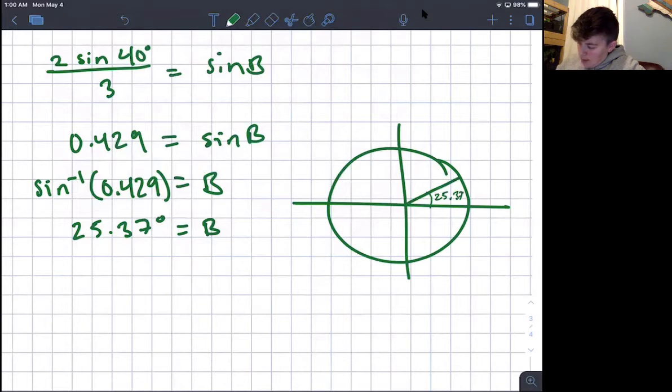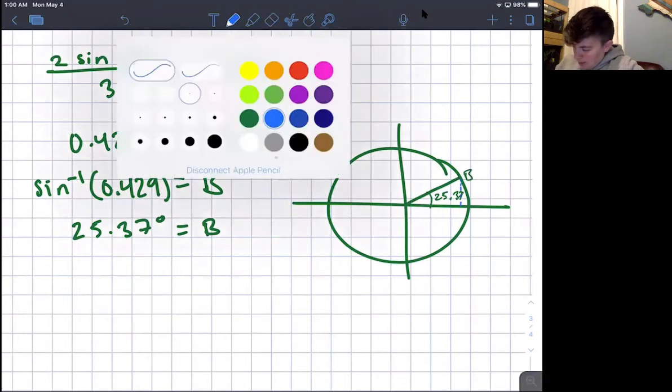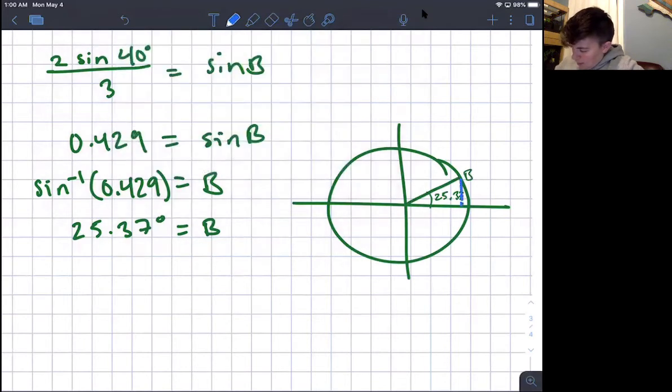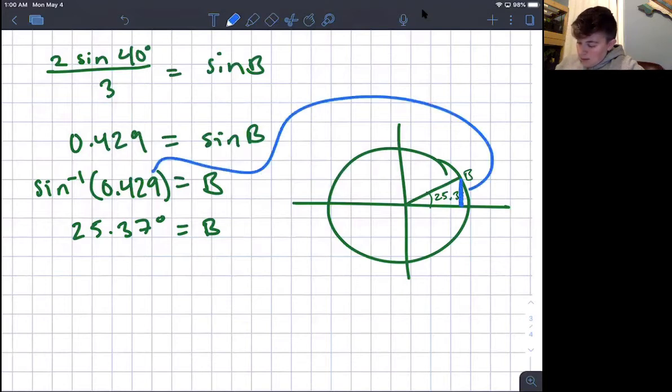So we're saying, all right, so that is the angle B right there, right? So that must have this y value. The y value right here must be this value right there, right? That's what inverse sine means. I was like, hey, what angle has that particular sine, right?